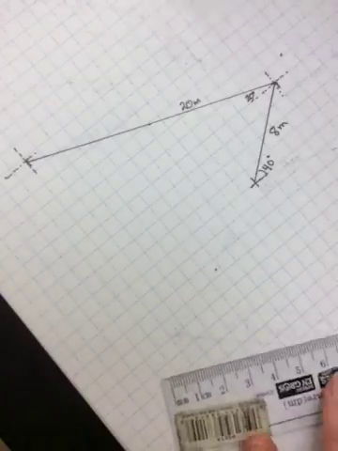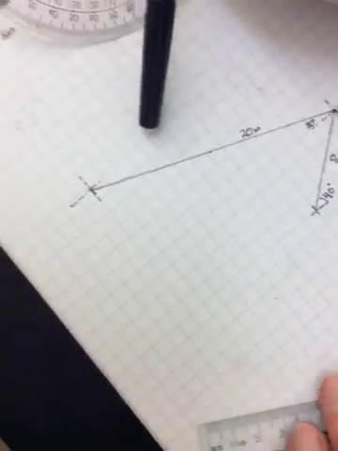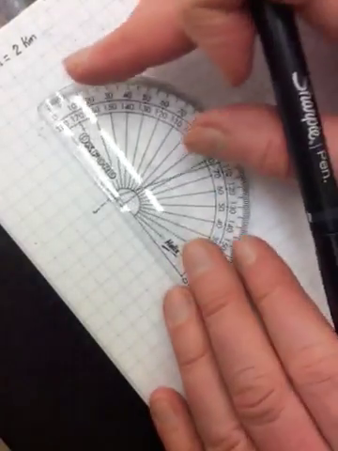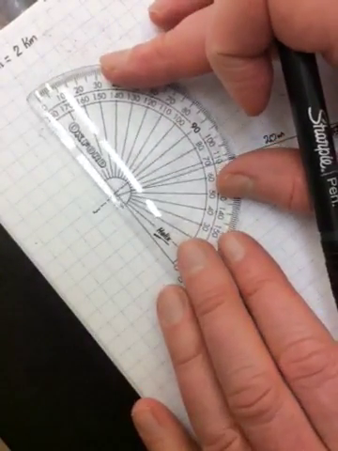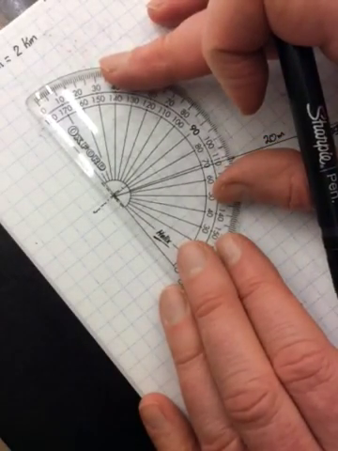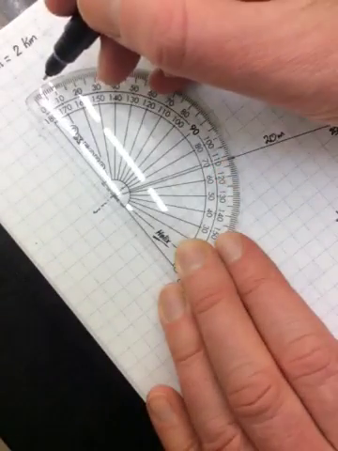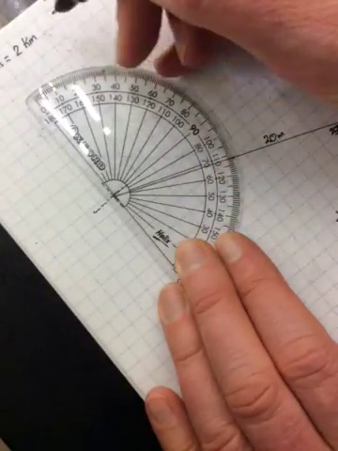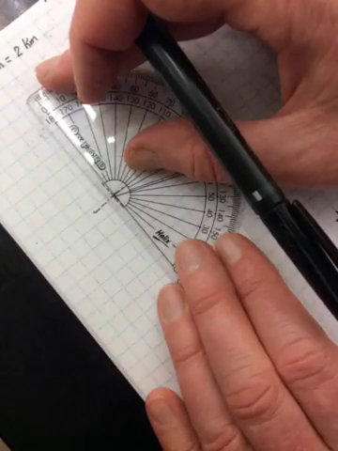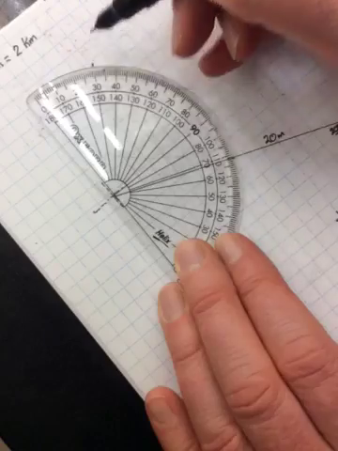Okay, my third angle is north 30 degrees east. So from the north, from up here, I'm going to measure down 30 degrees. So line your protractor up with the tip from the north, come down 30 degrees. I think that's what it was. Yeah.